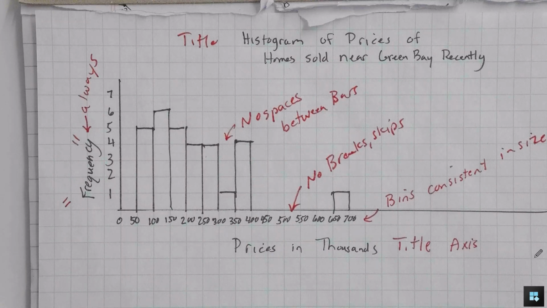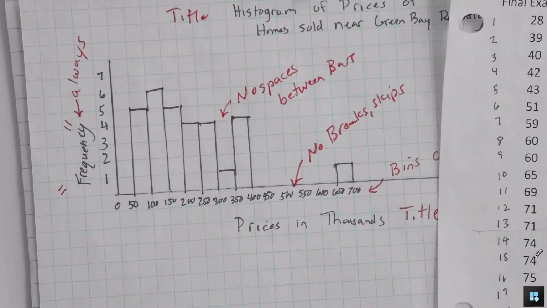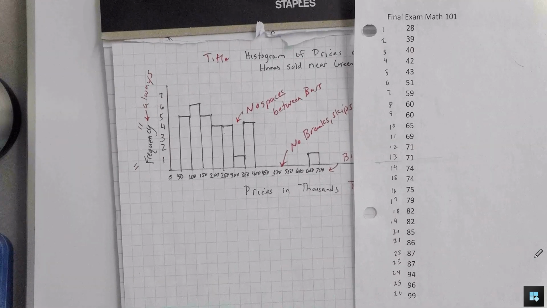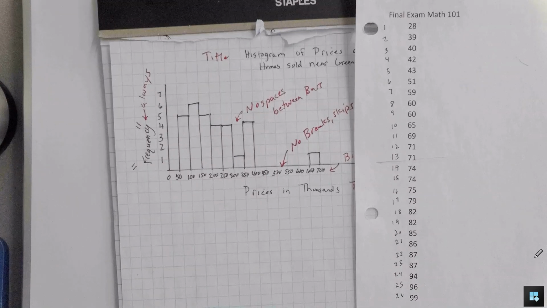And now you'll have an opportunity to make another histogram and make sure you remember all of these aspects with the grade data. So we had another set of data, Math 101 final exam grades. I'll put this down and you can go ahead and make a histogram. And then we'll compare histograms when you're done. Everybody use bins of 10 here, okay? 1 through 10, 11 through 20, 21 through 30, please.